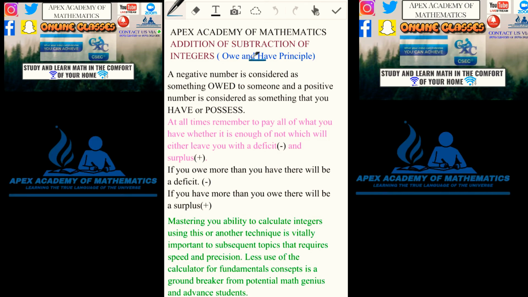That someone could be your father, mother, friend. It could even be that you owe a neighbor, but the mere fact is that you owe. So for example, -6 here means I owe you $6, or I owe you 6 sweets, or I owe you 6 mangoes. But negative means you owe.